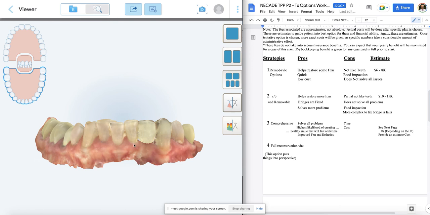Are they at risk for recession, especially in the lower anterior? How do you assess that? Do you have 2 millimeters or more of keratinized tissue from the gingival margin apically? And when you probe, is there a healthy pocket? If you have those two criteria met, you have a low risk of having issues.